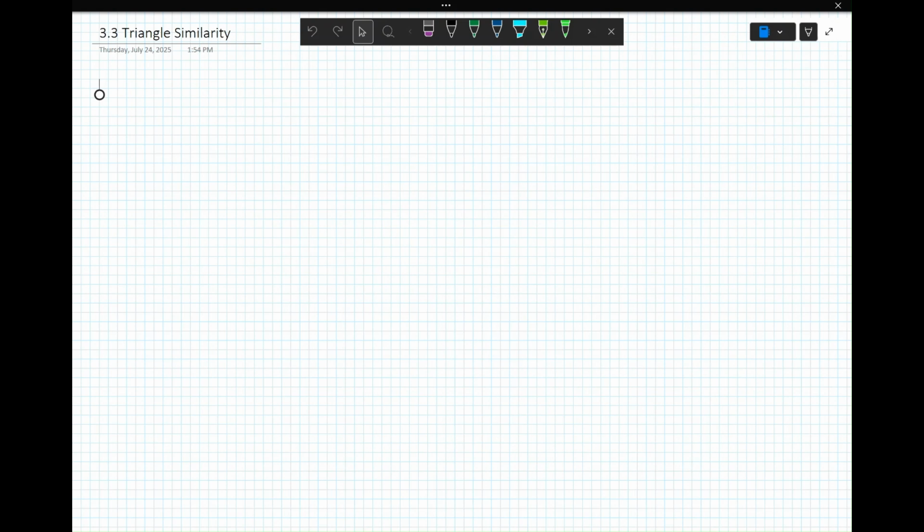All right, now let's talk about what's special about triangle similarity. As a reminder, to show that two shapes are similar, we needed three things before. We needed that they were the same number of sides.